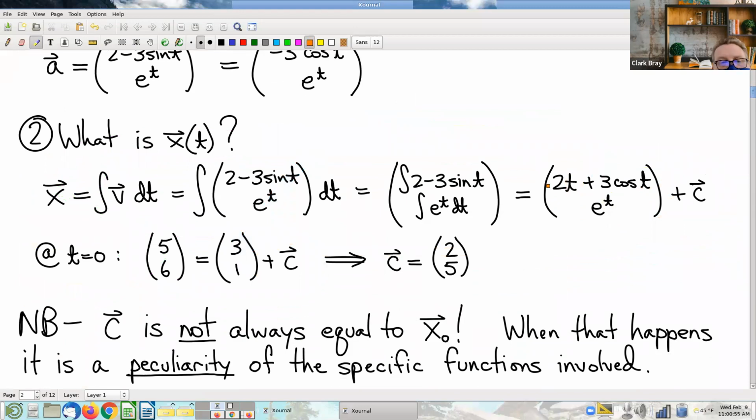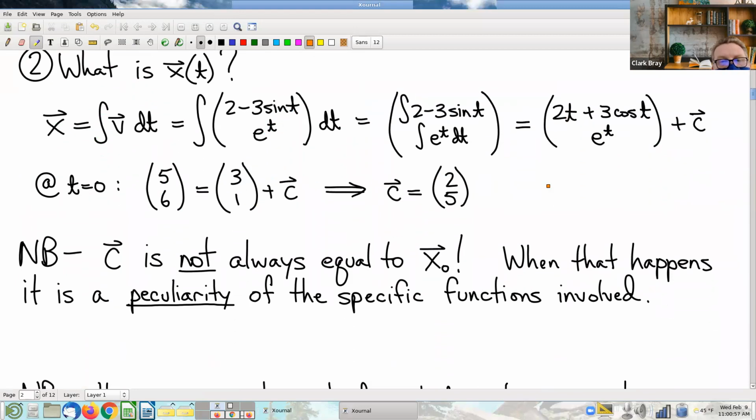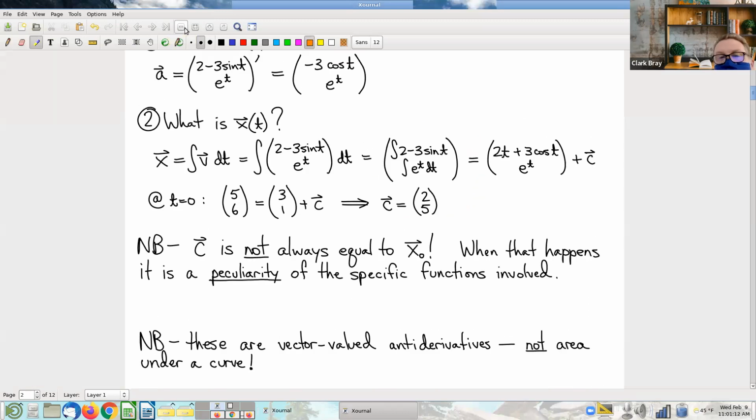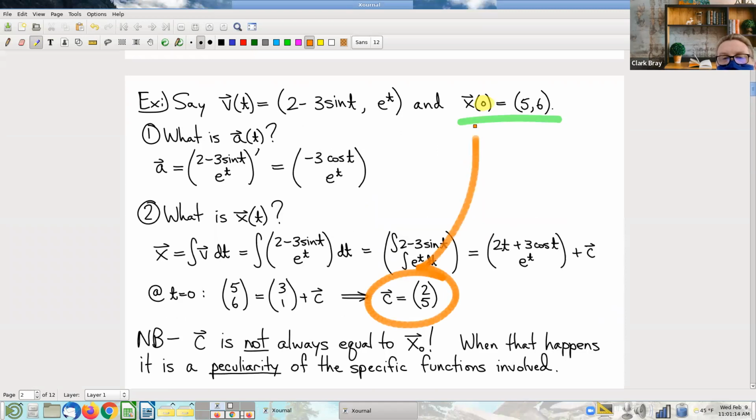Okay. Now, I do want to point out one thing. A lot of students misunderstand and are under the impression from seeming experience that the integration constant will always be the same as the initial position.